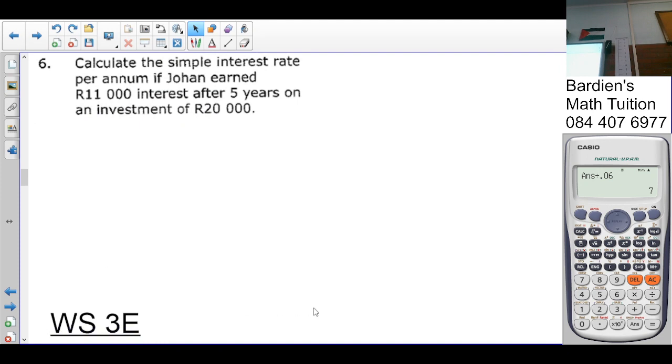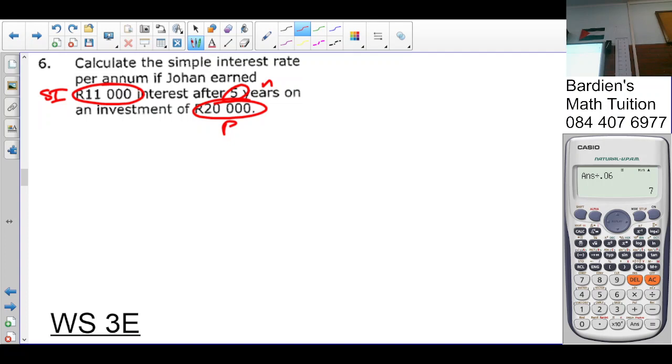Number 6. Calculate the simple interest rate per annum if your aunt earns 11,000 rand interest. So what is this? 11,000 rand interest. So that is your SI. Not so. After 5 years, an investment of 20,000, which is your P. For your n, 5 years. So which formula do I use here? SI. You see, it's easier to use that one.